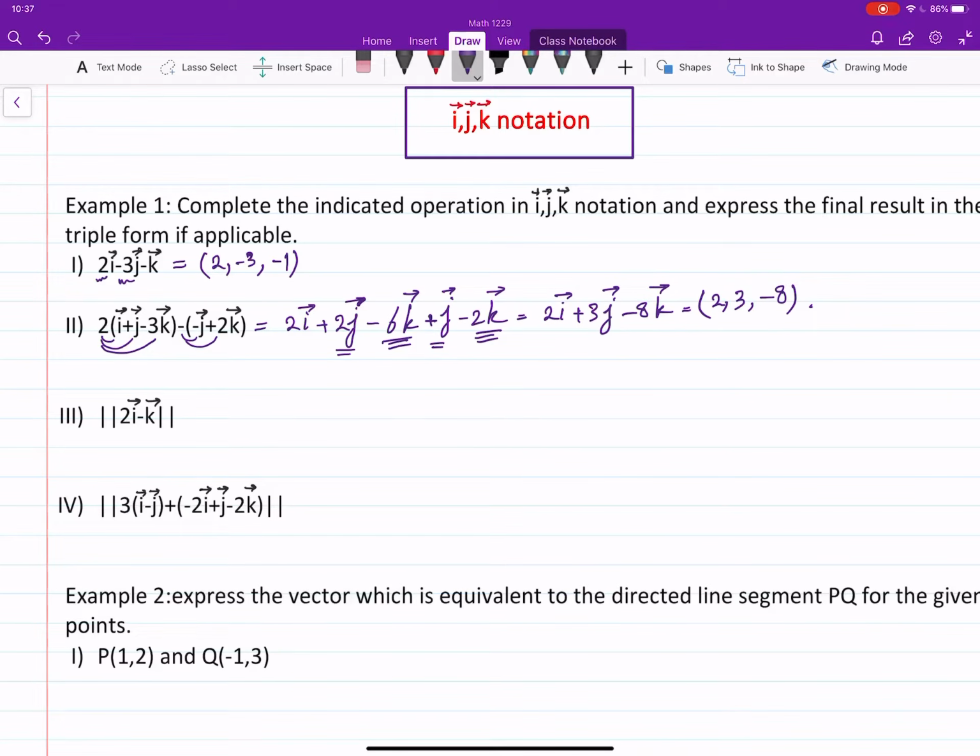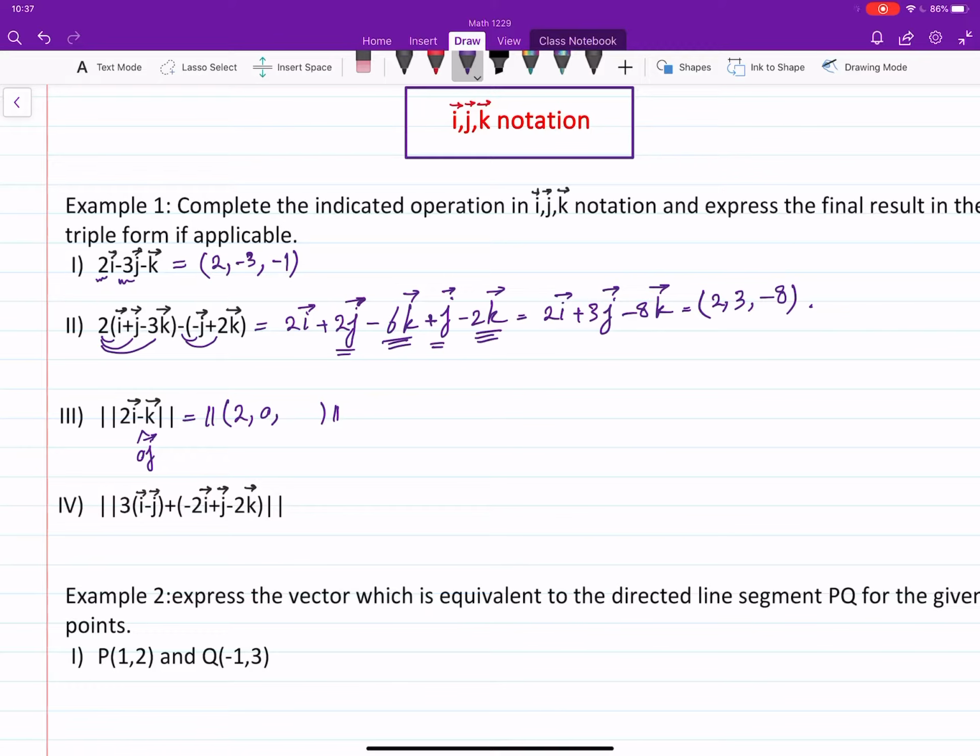Well, here we are supposed to find the length of this vector. Okay, then let's just write it first in the component form. The coefficient of I is 2, that's the first component. There is no J. That means the coefficient of J is 0, so the second component is 0.